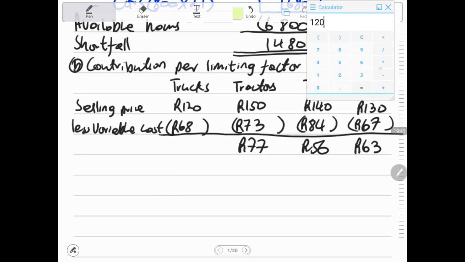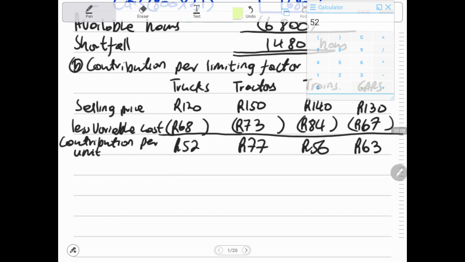And 120 minus 68, I get 52. So this is the contribution per unit.